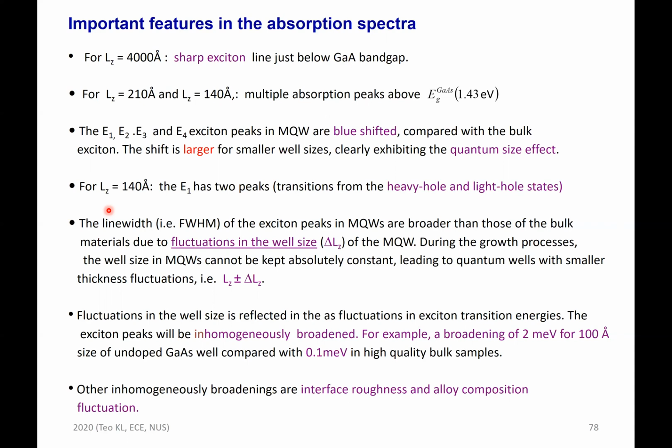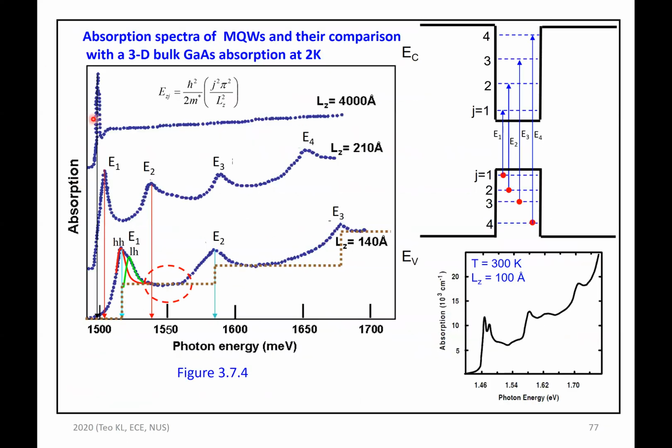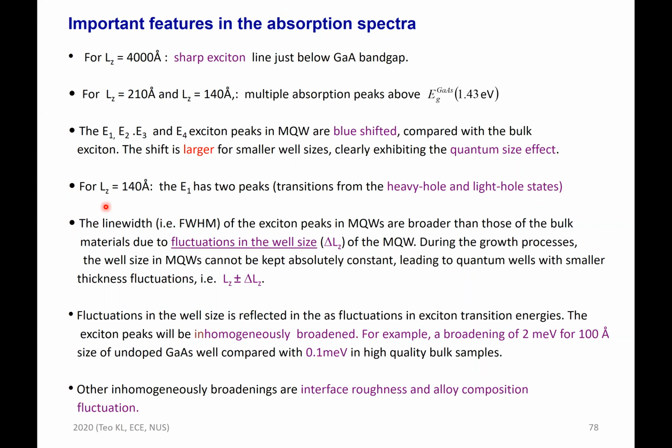So that will add to the broadening of the bulk semiconductor. But compared to that, in a quantum well the broadening could be due to many other effects: interface roughness, alloy composition, fluctuation in the well size.